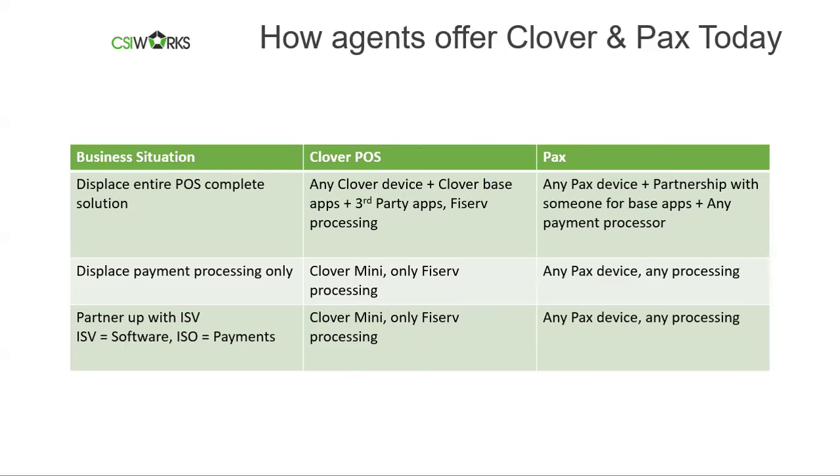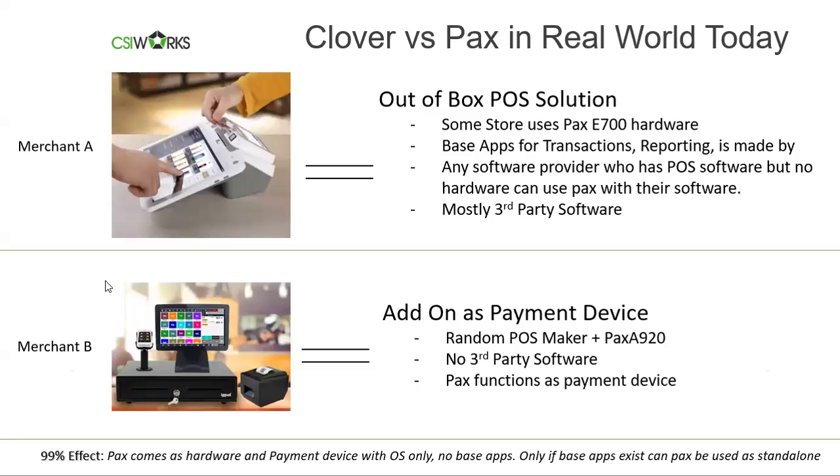Now, if you go into the wild today and say, Steve, give me somebody who has a PAX device, most likely, with 90% probability, you're going to have a situation where they have some software they're using. They could have a computer-based point of sale system, and the only thing PAX does for them is sit like this and handle the payment processing, connected to whatever point of sale they're using.